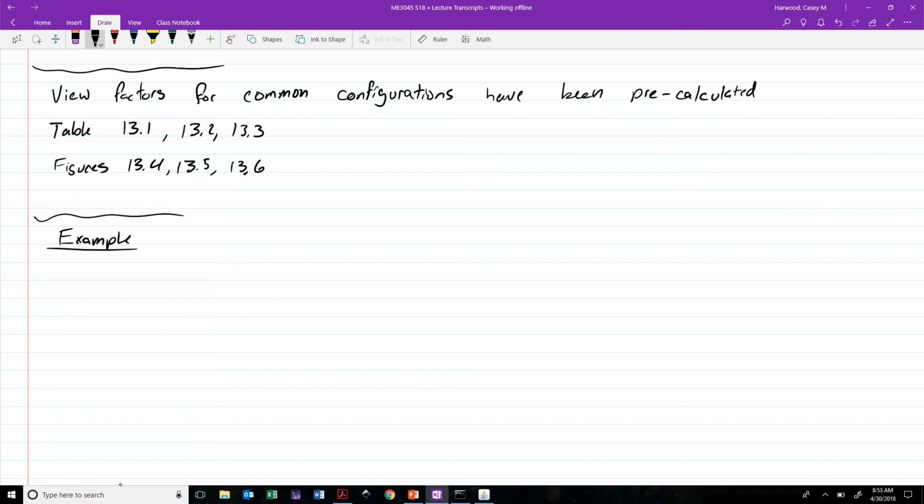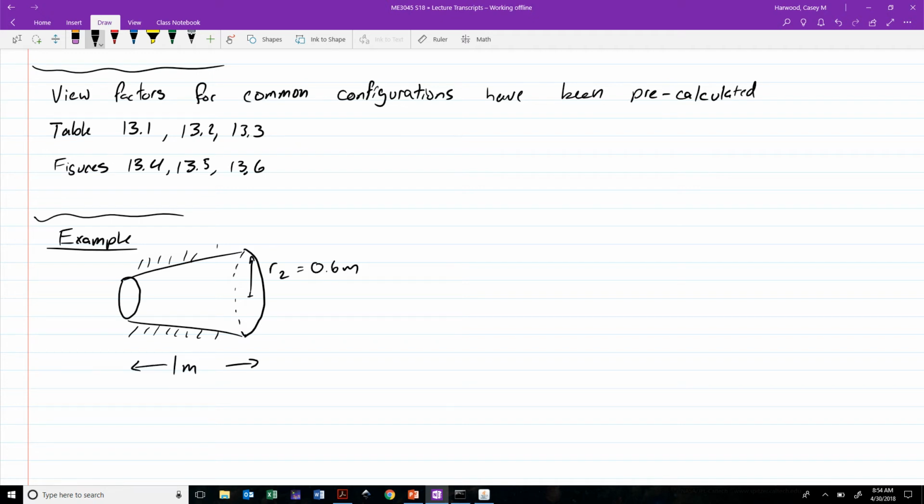Let's say we've got a truncated cone, okay? And we're interested again in what's going on the inside of this truncated cone. We know that the large radius here, R2, is equal to 0.6 meters. The thing has a length of 1 meter along its axis.